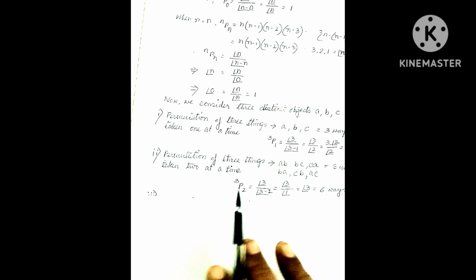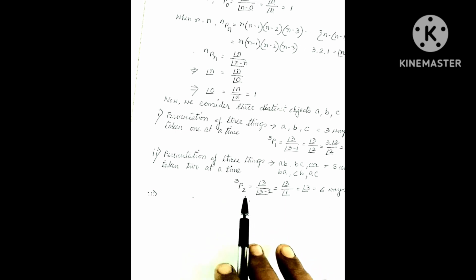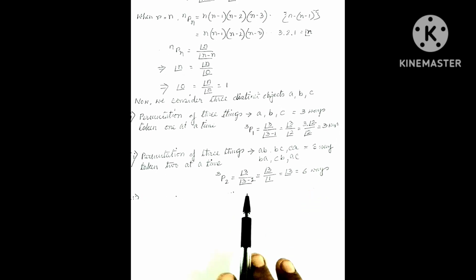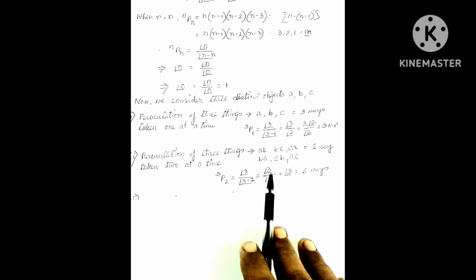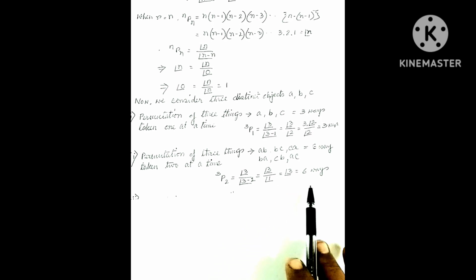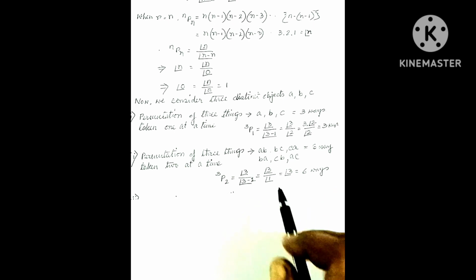Now, we put this value in the mathematical formula, that is nPr, where n is equal to 3, r is equal to 2, that is 3P2 is equal to factorial 3 by factorial 3 minus 2, which is factorial 3 by factorial 1, that is factorial 3 is equal to 6 ways. So the actual arrangement is 6 ways and the mathematical calculation is 6 ways.